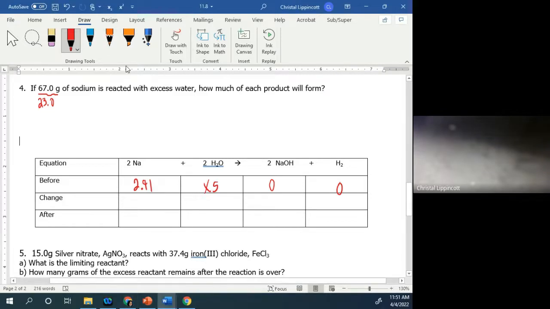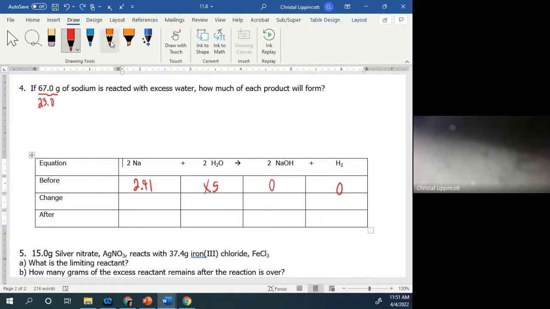Then you need to figure out your cloud. So I'm going to take this up into the cloud here. I have to divide by this coefficient to get it into the cloud. So here's my cloud. I'm going to divide 2.91 by 2. So that's 1.46.